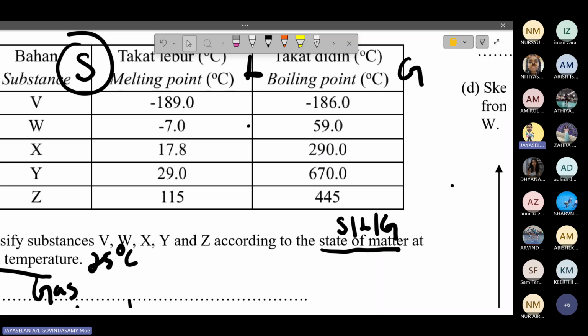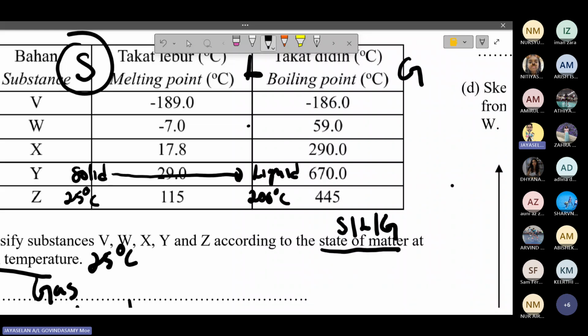Okay, where is your room temperature? The room temperature is 25 here. Depan kan? So the particles are heated from solid until 200 degrees Celsius. Where is your 200? 200 somewhere here lah. Okay, 200. That means the particle is heated from solid until liquid.